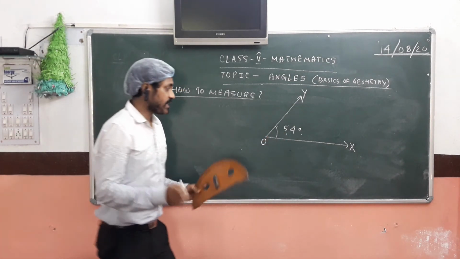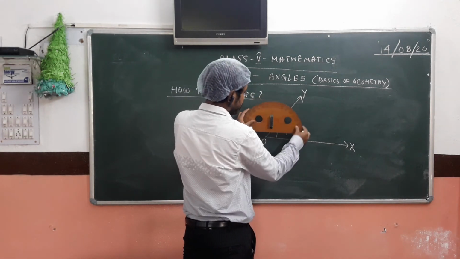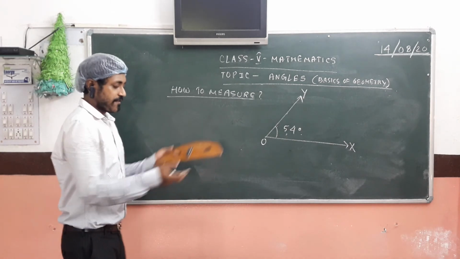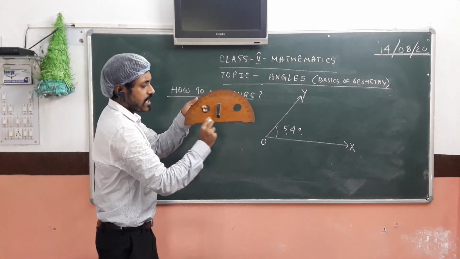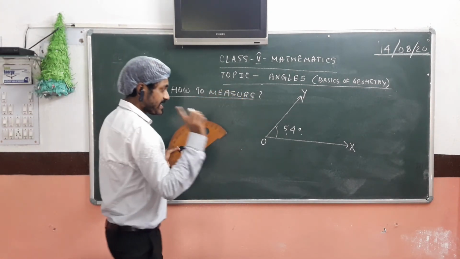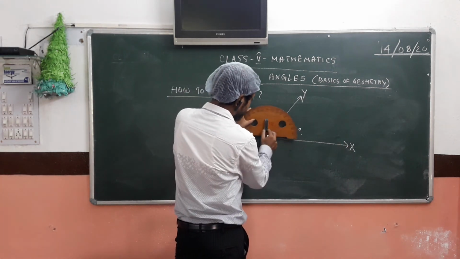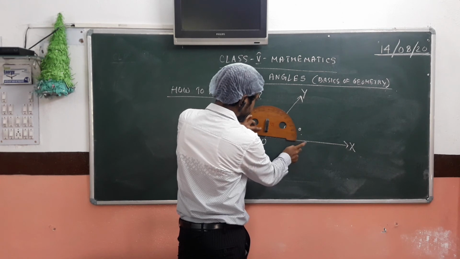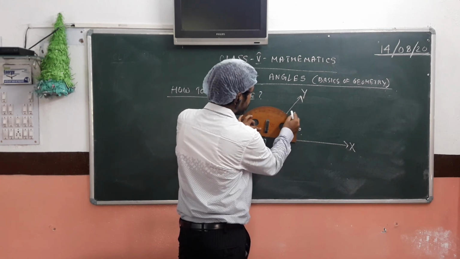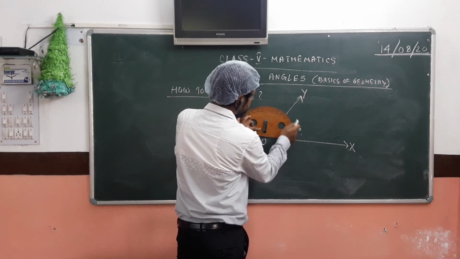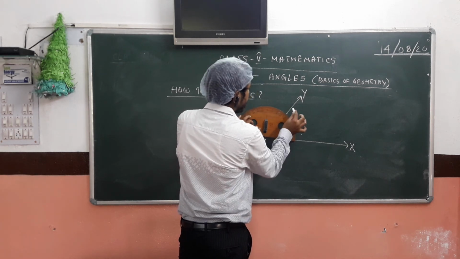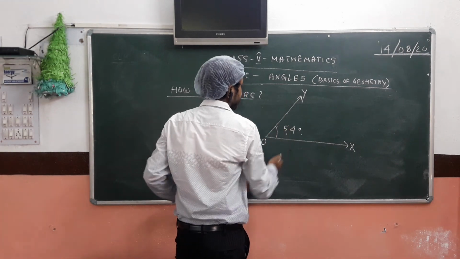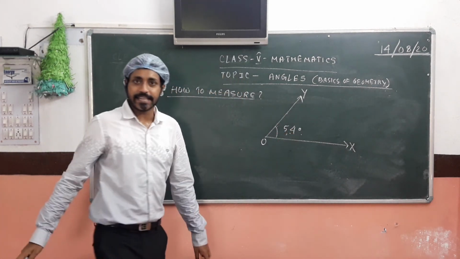So what do we do once again? We take the protractor and its baseline, and line it up with the center so that the line is in accordance with the ray here. Then we read whichever mark the other ray corresponds to on the scale, and we mark that value on the angle.